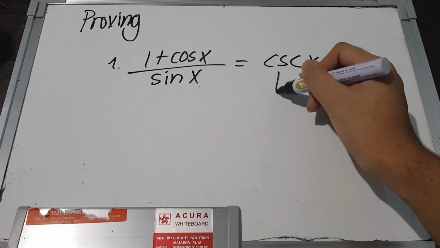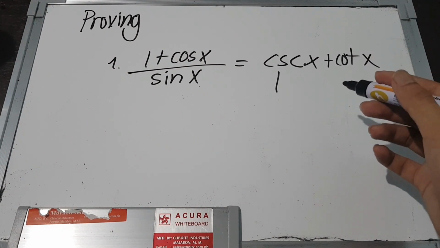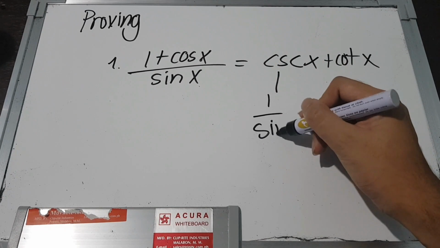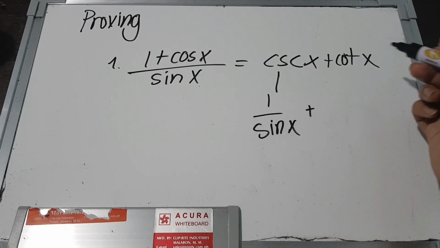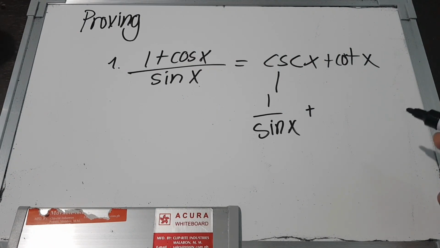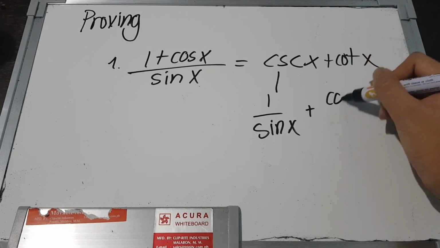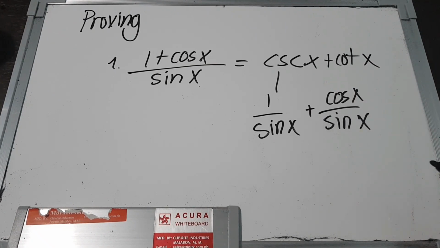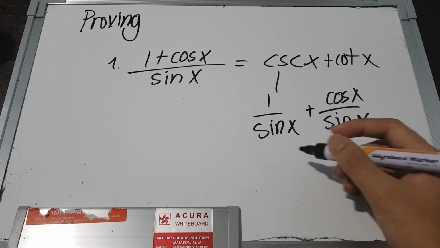We can start off by changing cosecant x with its reciprocal identity, which is 1 over sine x, plus cotangent x with its ratio or quotient identity, which is cosine x over sine x. Since both of them have the same denominator, we can proceed to addition.